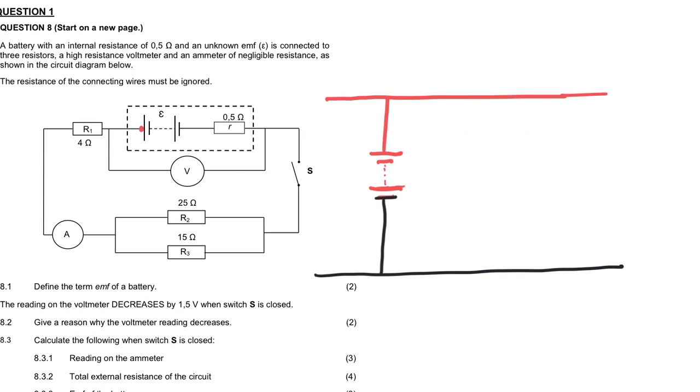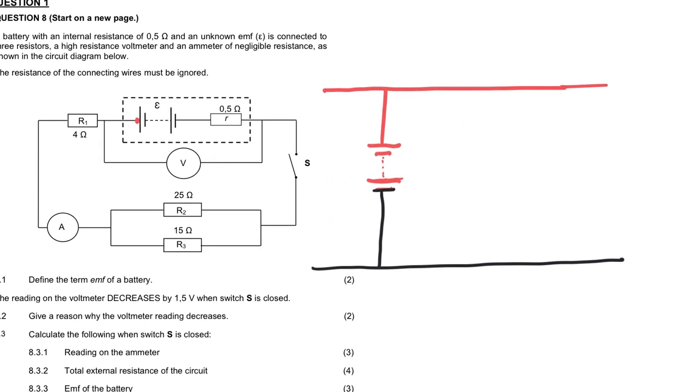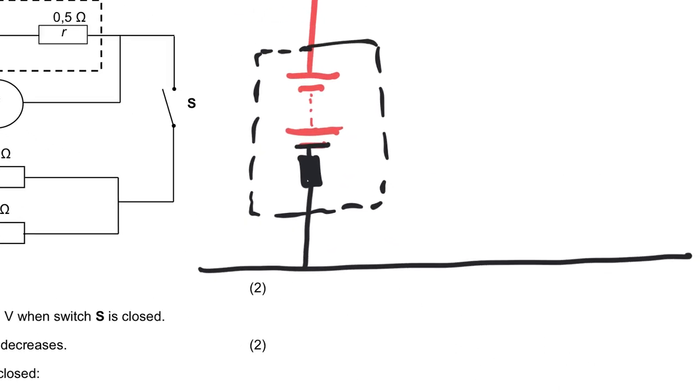Then the internal resistance I'm going to put inside the battery. It doesn't matter whether I put it below or above; it basically represents the total resistance of the battery. So we just pop it in there. It's good to put the actual value in. Little r is 0.5 ohms.